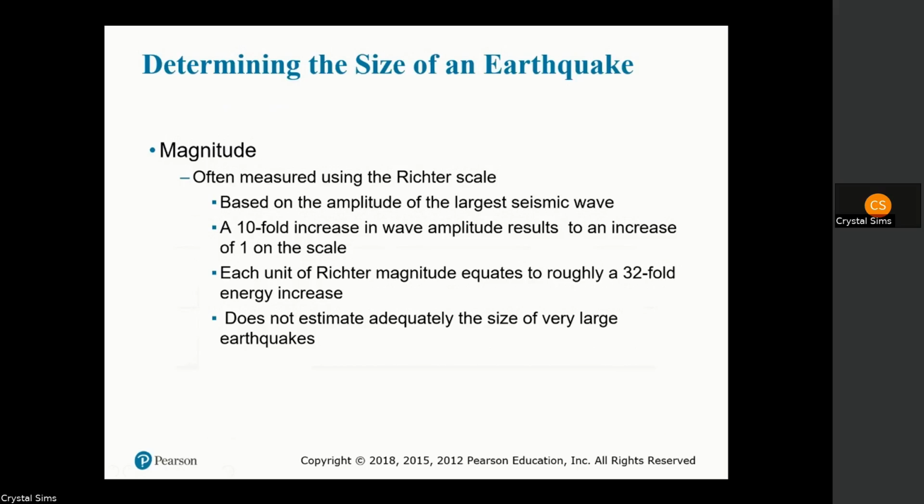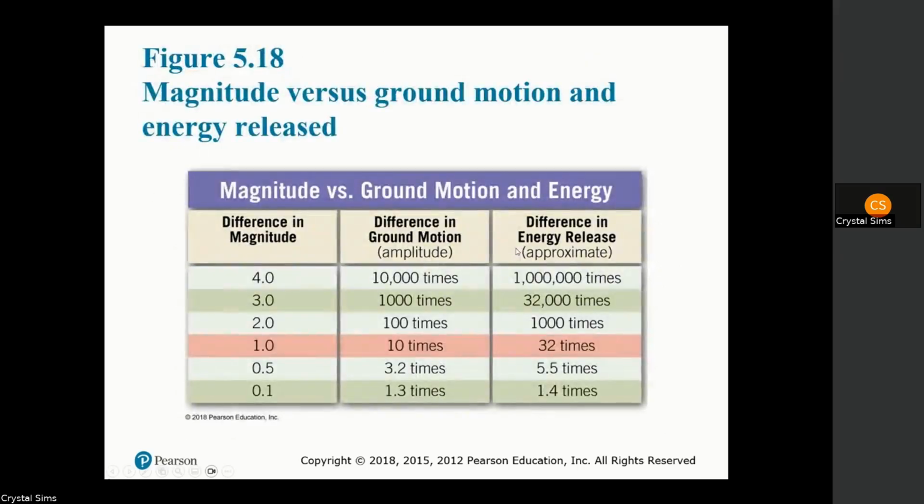And when we look at the Richter scale, a 10-fold increase in wave amplitude results in an increase of 1 on the scale. And then that is multiplied by about 32 times in the difference of energy release. So it's a logarithmic scale.